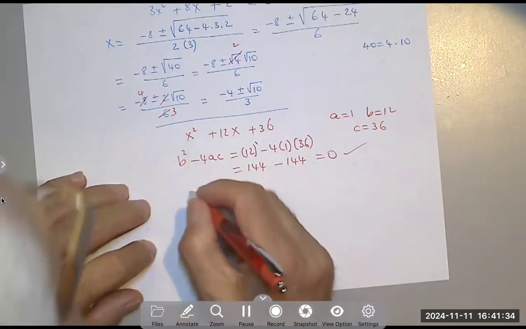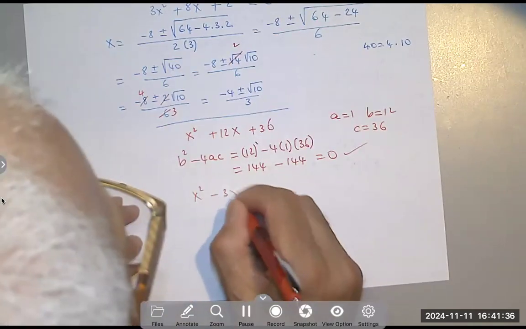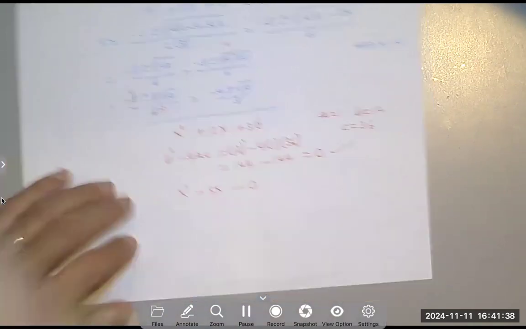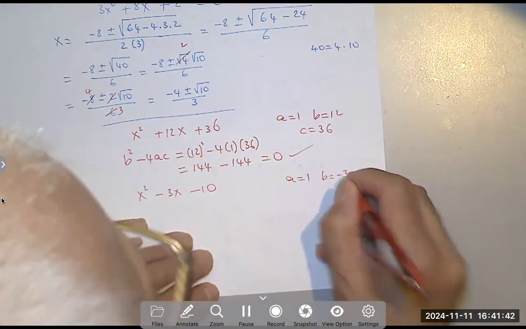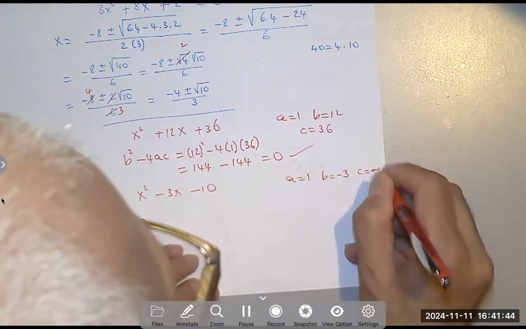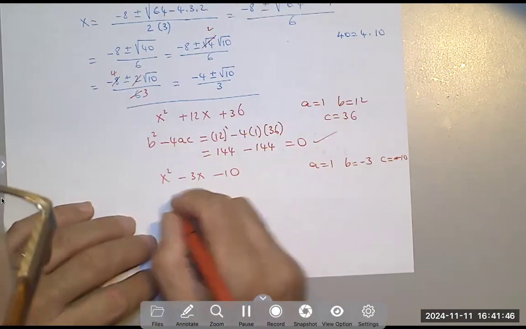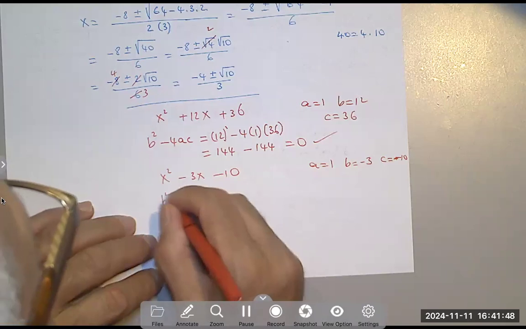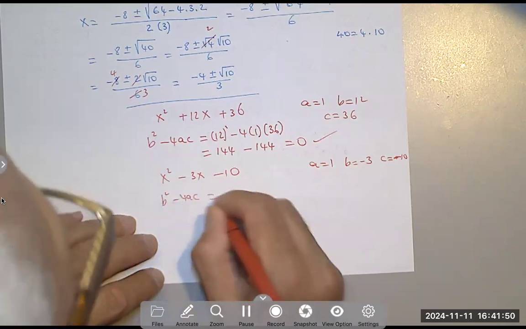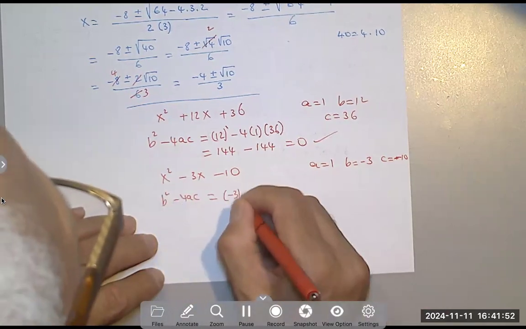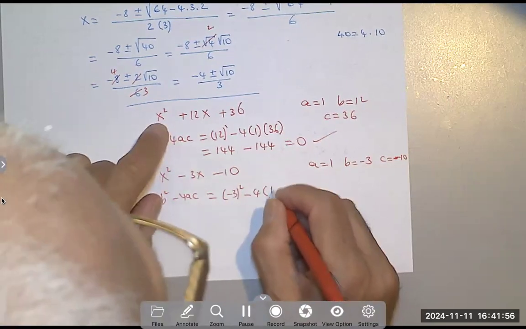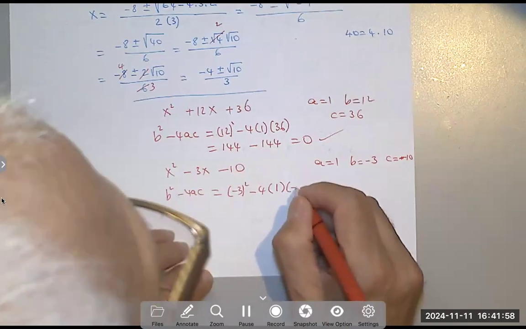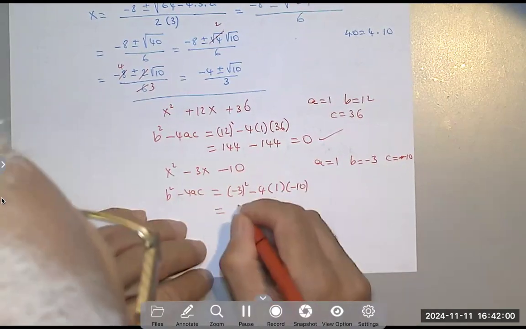When I had this equation also, x squared minus 3x minus 10, I say A is 1, B is negative 3, C is negative 10, and B squared minus 4AC equals B is negative 3 squared minus 4 times A times C, equals 9.